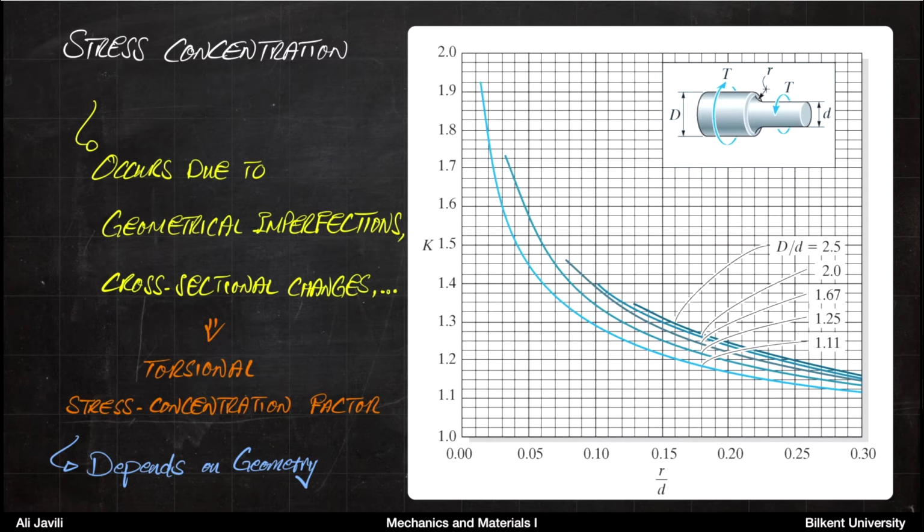The shaft has two different cross sections distinguished by small letter d and capital letter D. Capital D is the larger diameter, small d is the diameter of the smaller part of the shaft, and R is the fillet radius between the two.